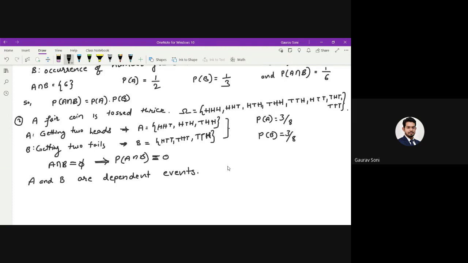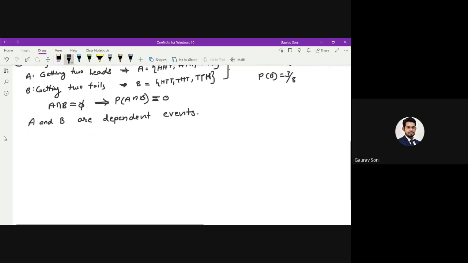We'll see some examples where A and B are mutually exclusive, but it may happen that they turn out to be independent. Fine. We'll quickly write down this result, in the form of a remark.